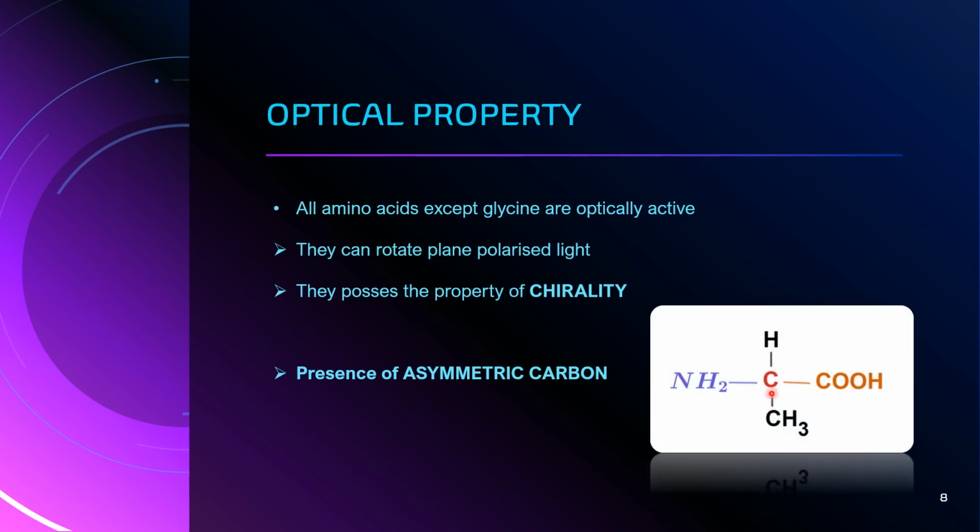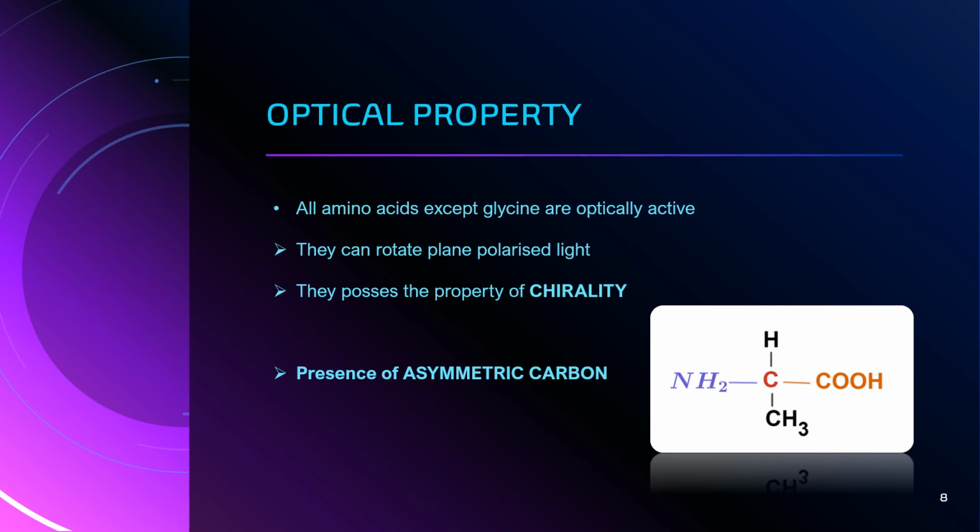Asymmetric carbon means a carbon whose 4 valencies are fulfilled by different groups. Not a single pair has the same functional group. So, if the 4 valencies of a particular carbon are satisfied by 4 different functional groups, then we can say that carbon is a chiral carbon or an asymmetric carbon, and it possesses the property of chirality.